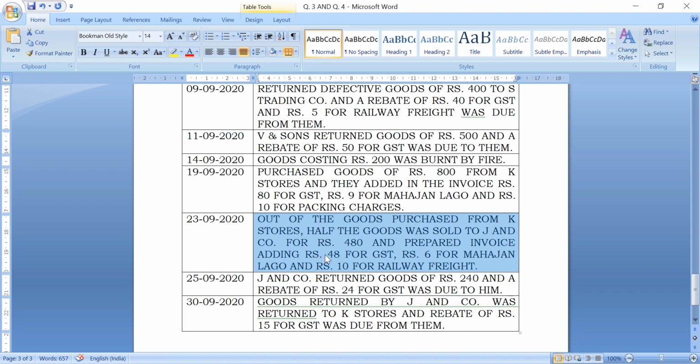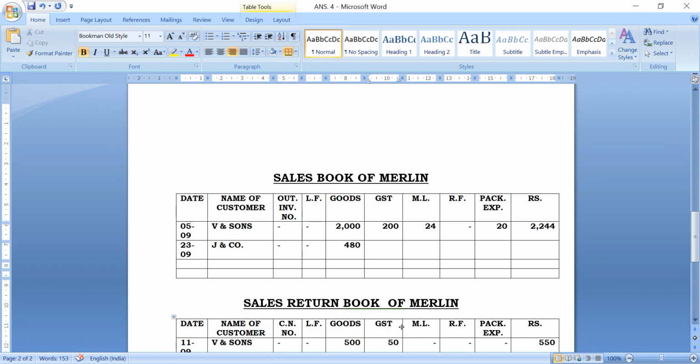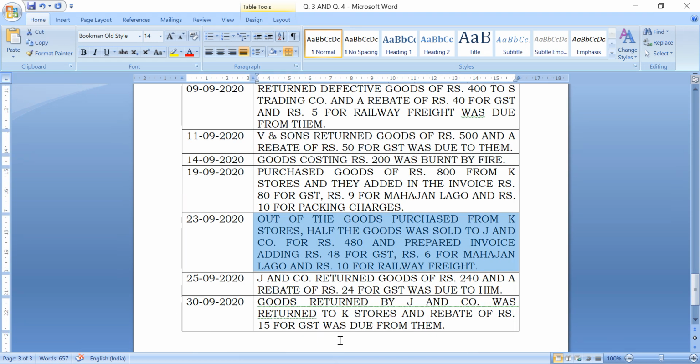Invoice માં બીજું શું એડ કર્યું છે? જો prepared invoice adding 48 rupees GST, 6 rupees margin lago. Any other expenses still there? Yes, it is. 10 rupees for railway freight.